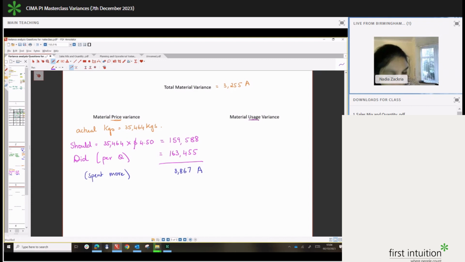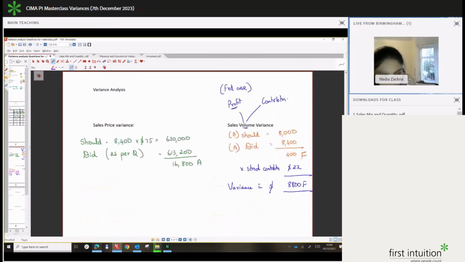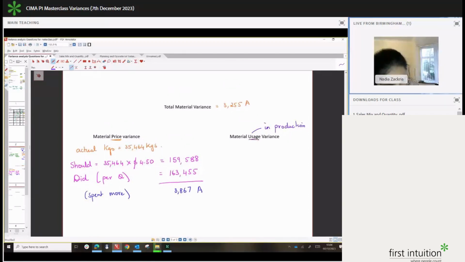Yeah, because we are looking at usage in production. Did we put more than 4 kgs or did we use less than 4 kgs in order to produce 8,900 units? So our standard should be based on our actual production of 8,900 into 4 kgs, which gives us 35,600.